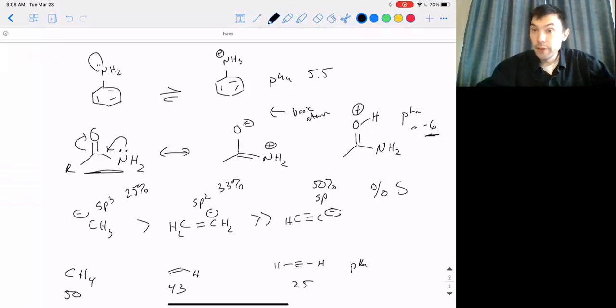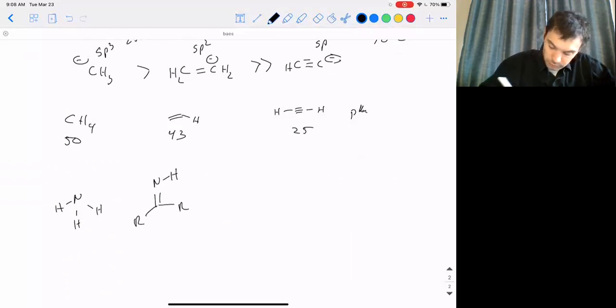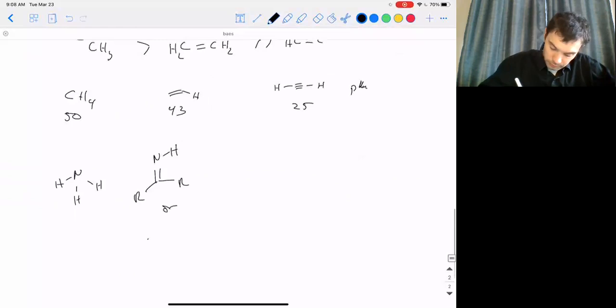This is important for nitrogen as well. The nitrogen equivalents of this are to, again, look at ammonia, to look at something like an imine, or I'll put pyridine on here, and we'll talk about heterocycles in a moment. And then the last one here is the nitrile.